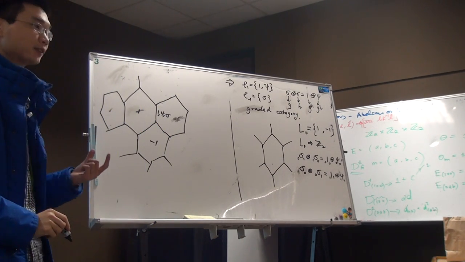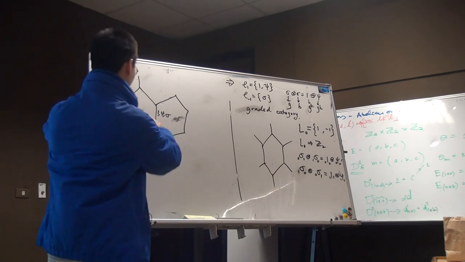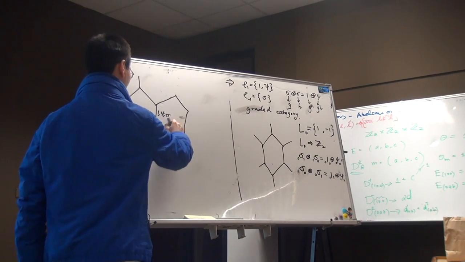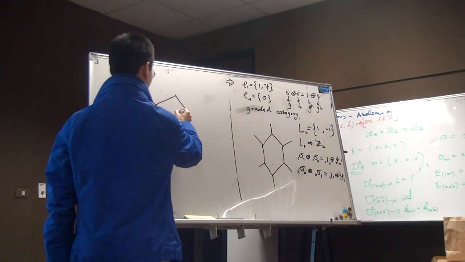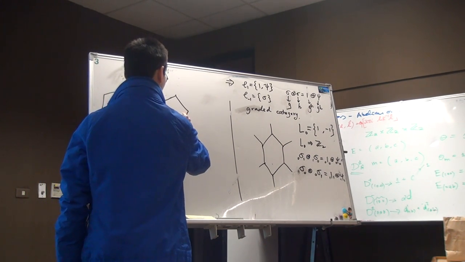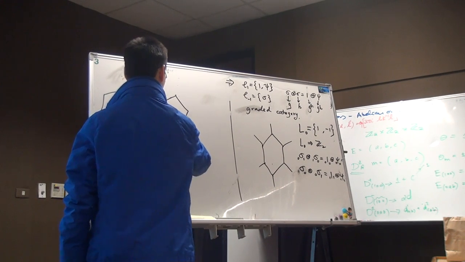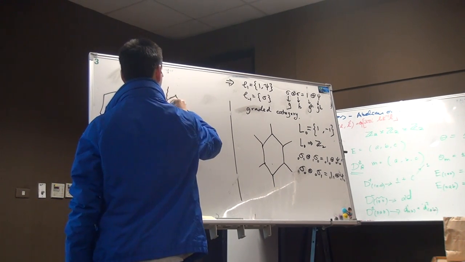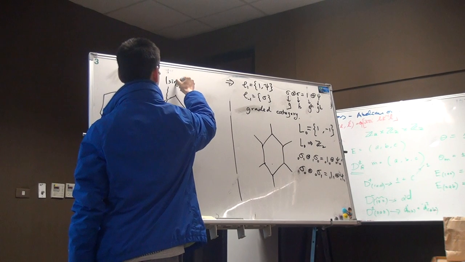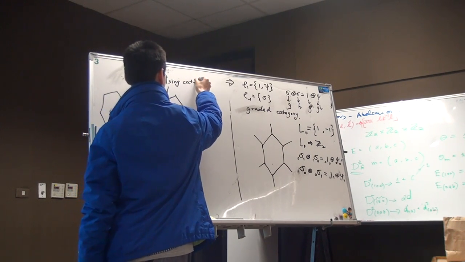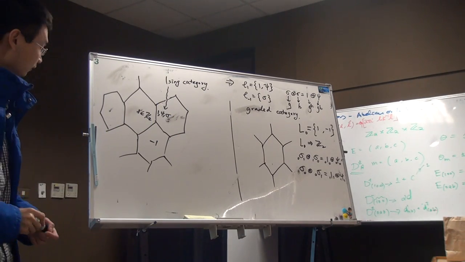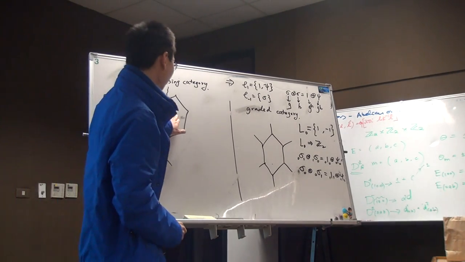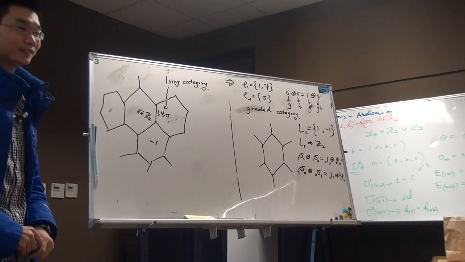So you have two types of degrees of freedom. This is in the Z2 group, and these are coming from the Ising category data. So this corresponds to some hierarchies here.